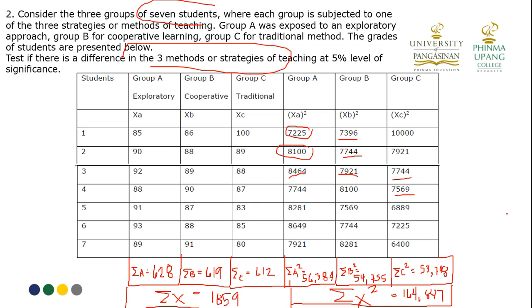Let's move on to step number 1. Step number 1, syempre, hypotheses. HO is equal to, constant yan. Palaging ganyan, kasi tatlo yan.